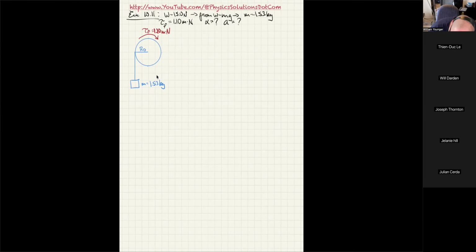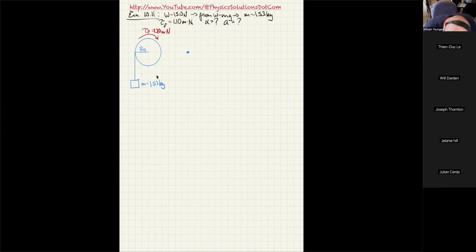So now I've got to do two free body diagrams. First off, I have this mass right here, and it looks like everything's going to rotate counterclockwise, so I'm going to say the mass going down on the left is a positive direction, and counterclockwise rotation is a positive torque and therefore a positive angular acceleration.